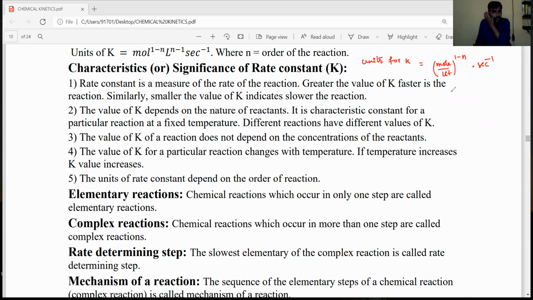Okay, we know very well, where n is called order of the reaction. If you simplify this formula, it is mole to the power of 1 minus n into liter to the power of n minus 1, second inverse. Just now we discussed this. So the units of rate constant depend on the order of the reaction, where small n is equal to the order of the reaction.